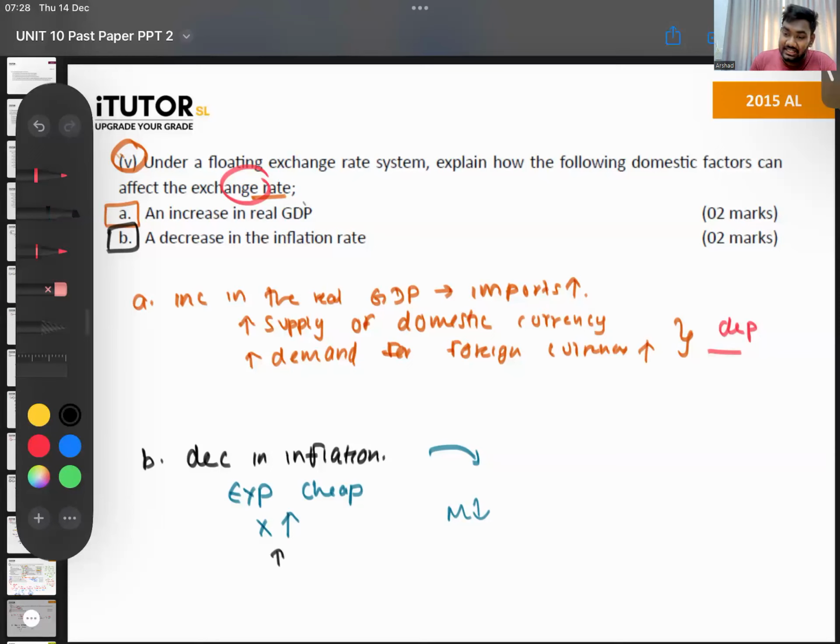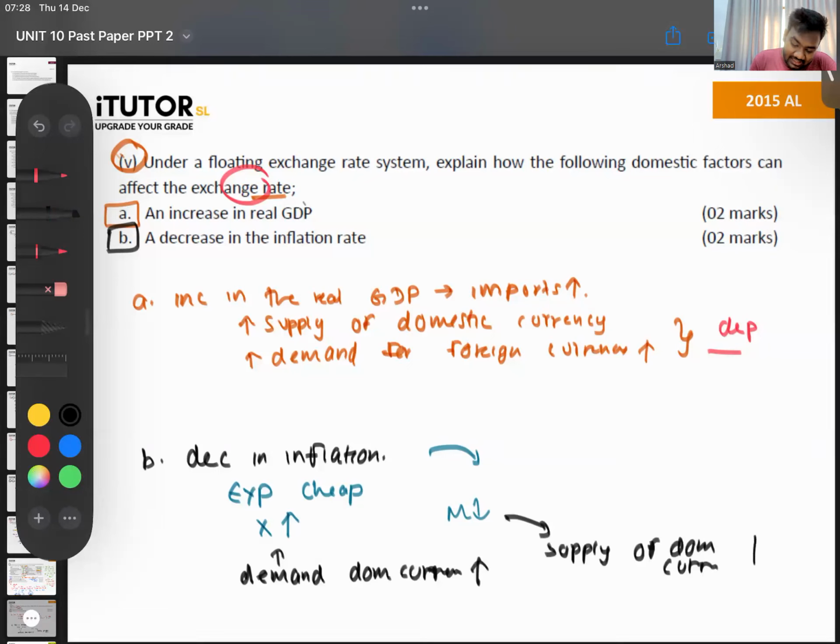So what happens here? When your exports increase, demand for the domestic currency increases. And when imports are coming down, it means the supply of domestic currency is coming down. You're not giving away your money. Supply of currency has come down.